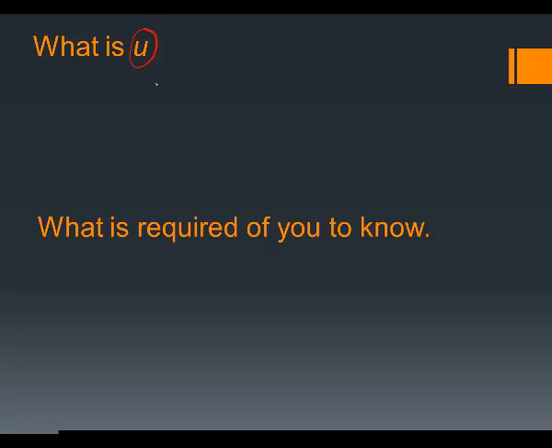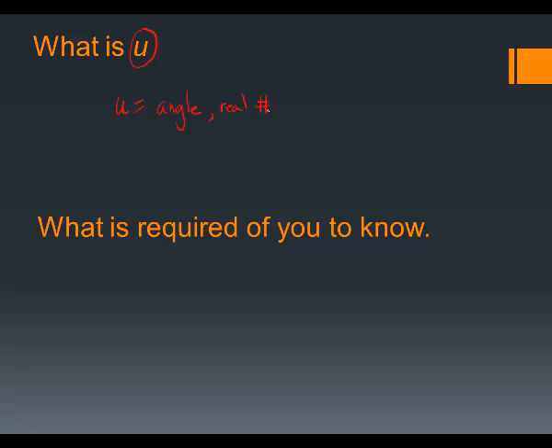So, what is U? Well, U is equal to an angle. It could be an angle. It could be a real number. It could be a variable.